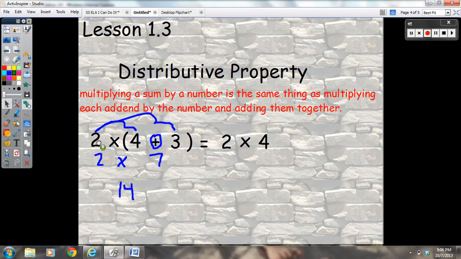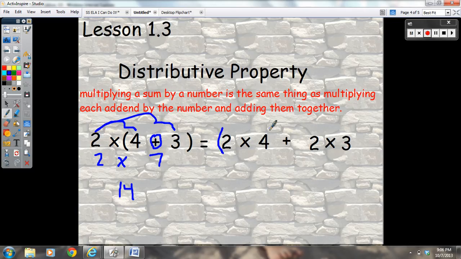Now let's take this 2 and multiply it by our 3. Then we add them together, and we should get our same answer.